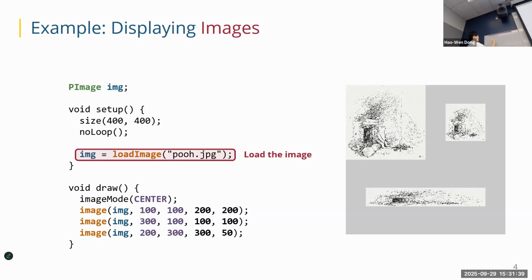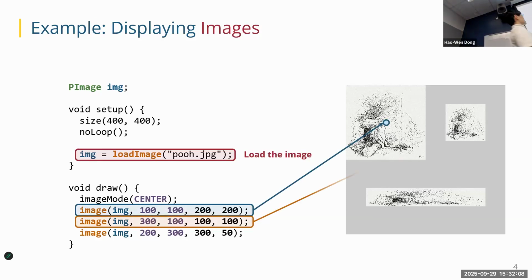You do rect with some x, y, say 200, 200, and then the size, say 100, 100, so that you get a rectangle. You do pretty much the same thing for an image. Now you have the image, that's a big image. Then you can set imageMode to CENTER.